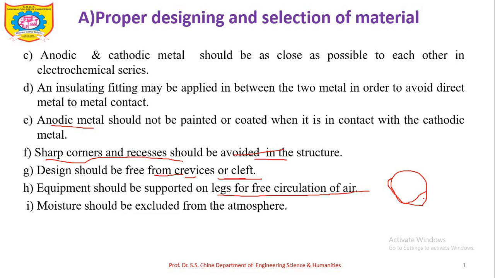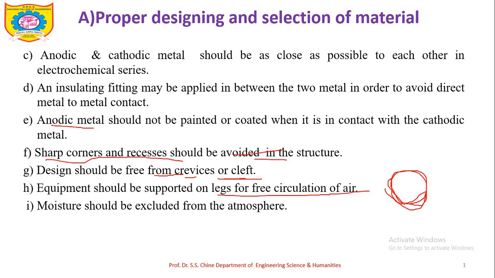So it is the rust, because this part of the cylinder will get corroded, and because of that, that brown rust will form. But if you keep this cylinder on the stand, then there will not be corrosion of that bottom part of the cylinder, because there is a free circulation of air.